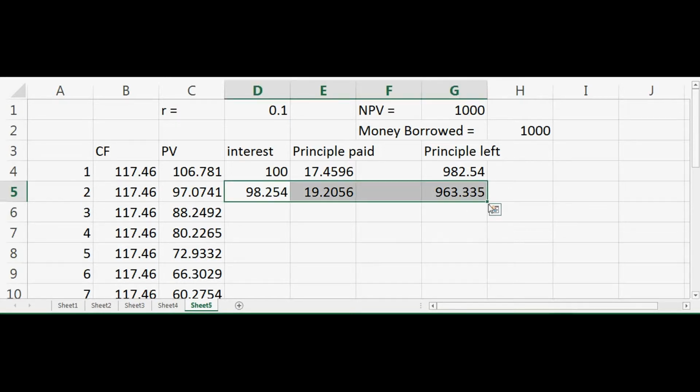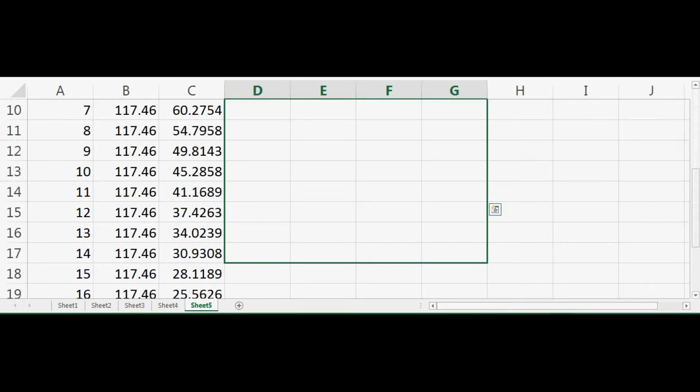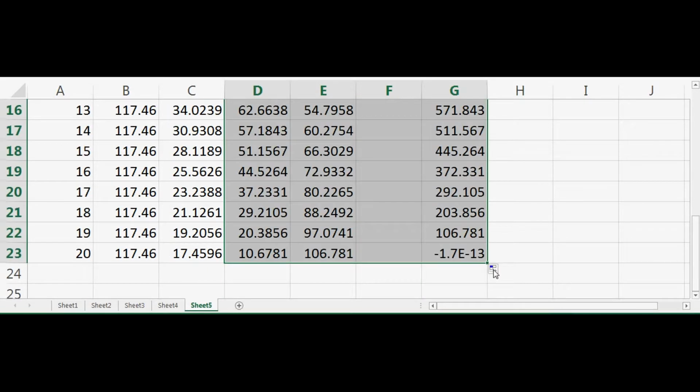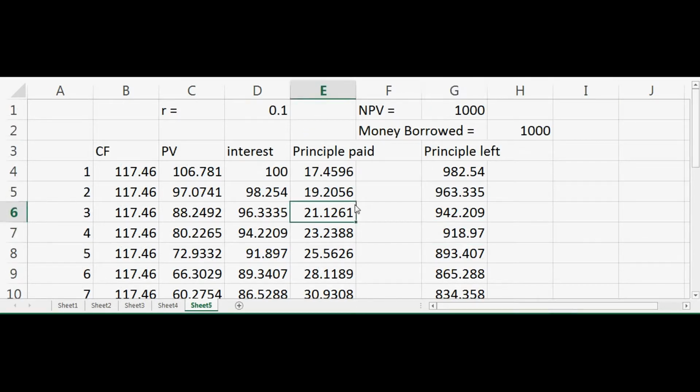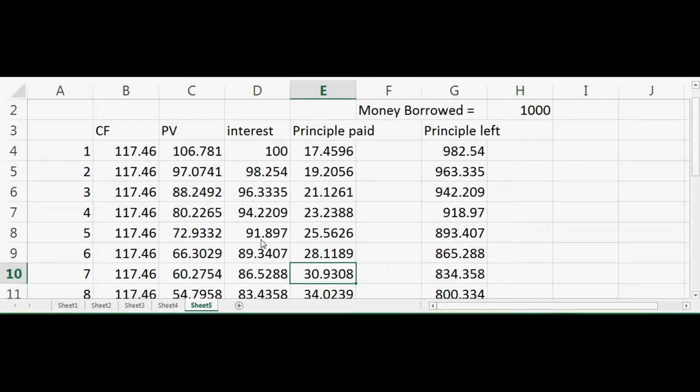So you can see that we get the money flow. So you can see that the interest which has been paid is going down, the principal left is also going down, and the principal paid every time is also going up.